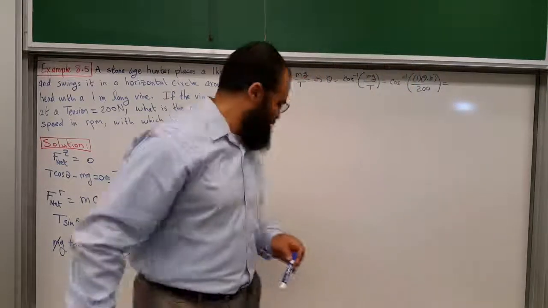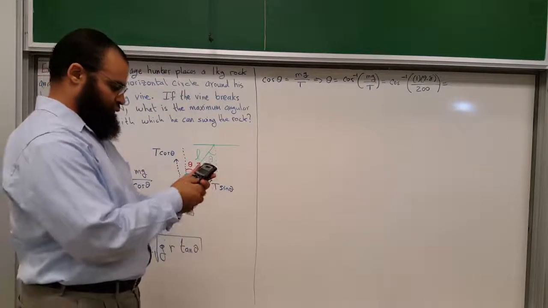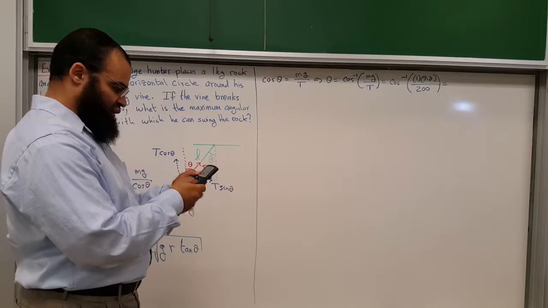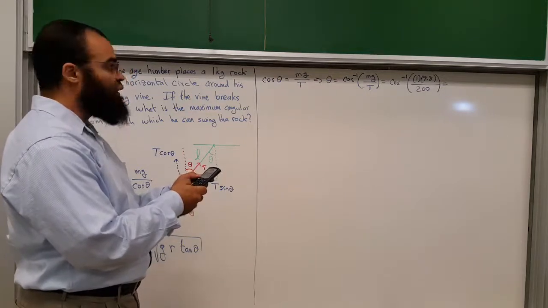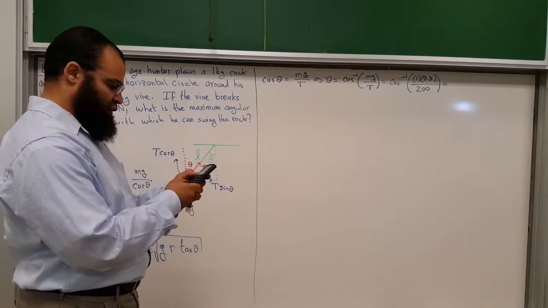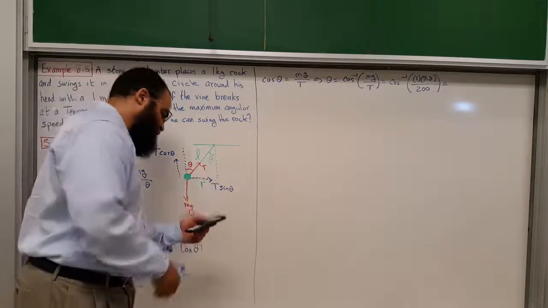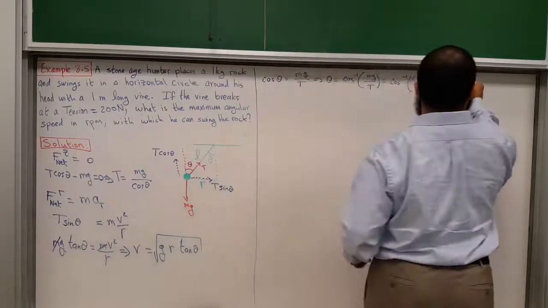Let me get my calculator right here. So tangent inverse of 9.8 over 200. So I get 2.81 degrees.